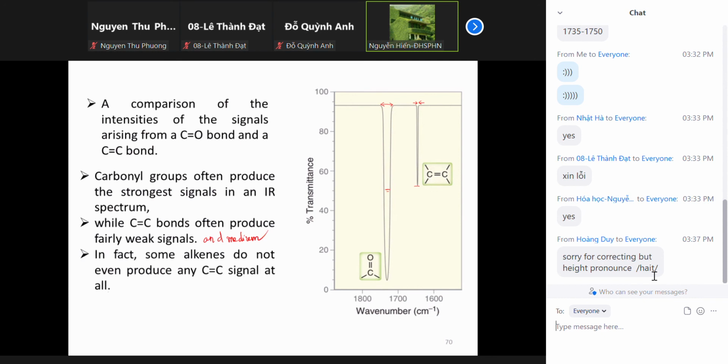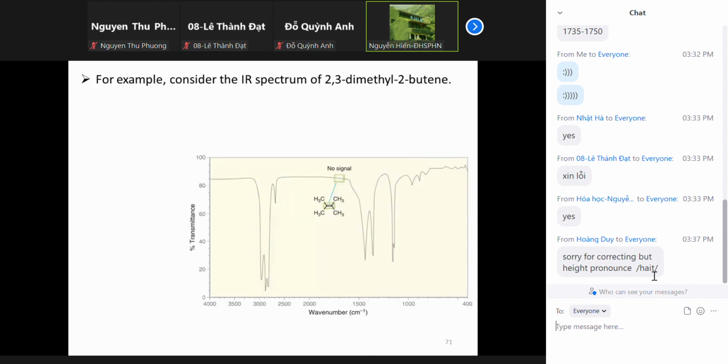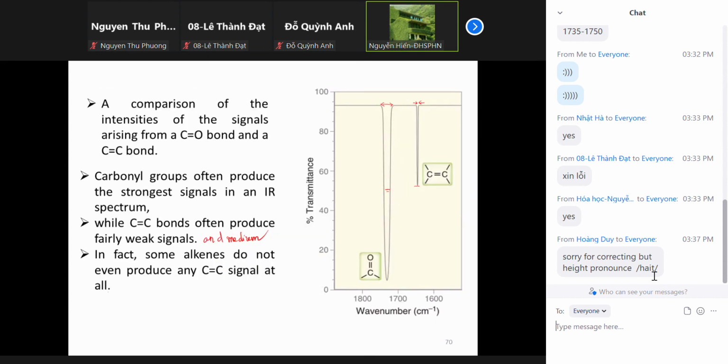Some alkenes don't produce any CC signal at all, because if the structure is symmetric, then the dipole moment is very small.